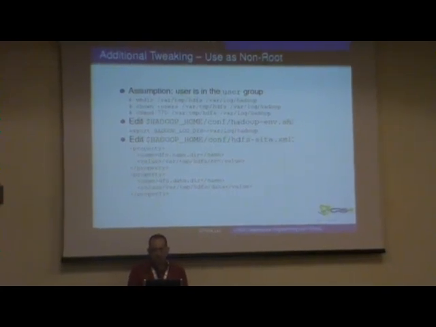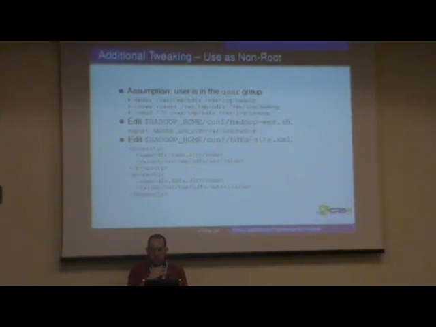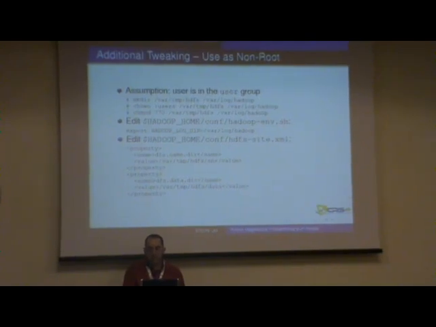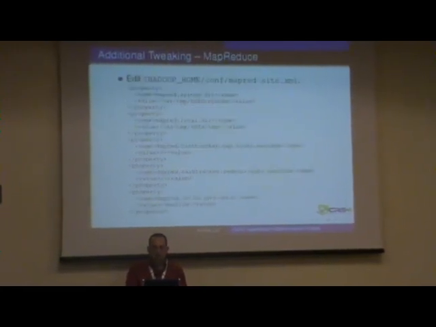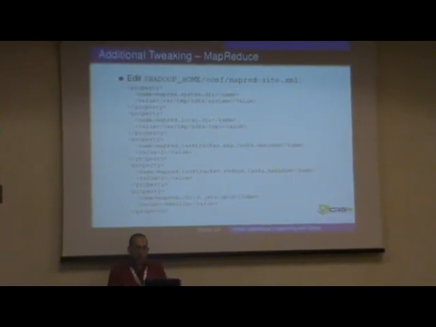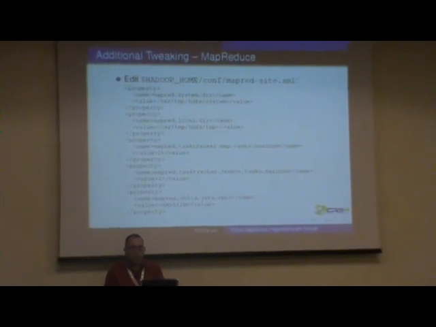The most important files are three XML files: hdfs-site.xml, mapred-site.xml, and core-site.xml. Basically, at the minimum you have to specify where you want your HDFS data to be stored in the local file system. In mapred-site.xml, you specify options for the MapReduce framework. You tell which local directory to use as a temporary directory.